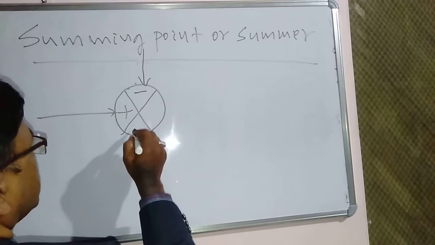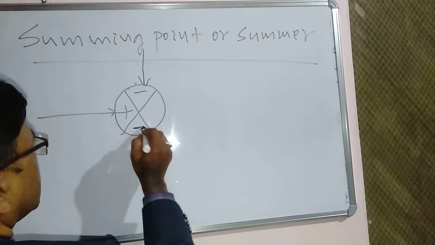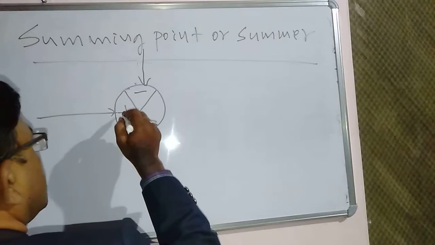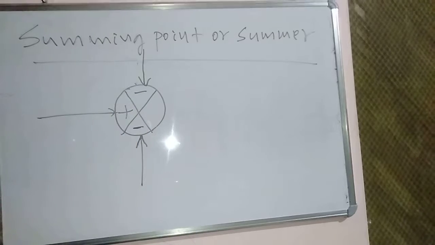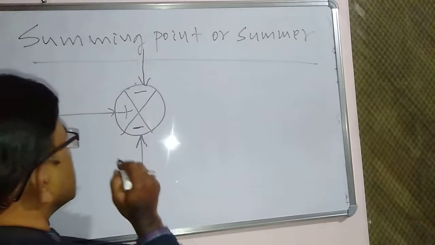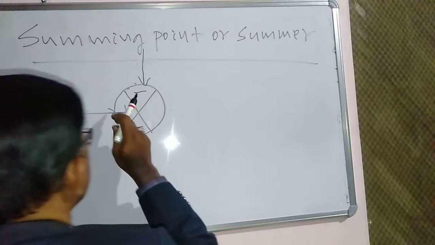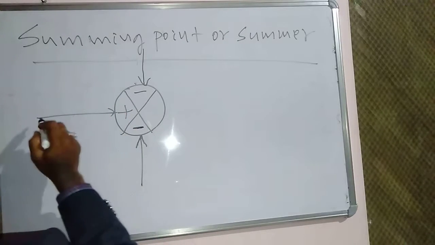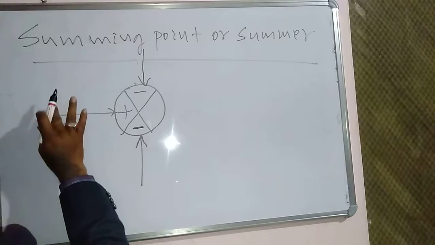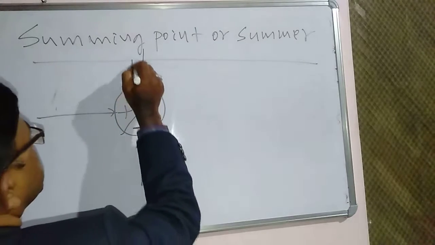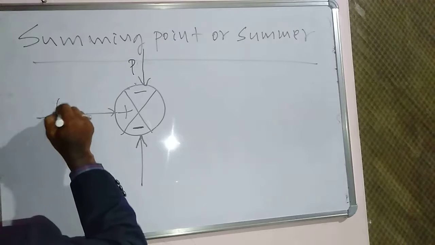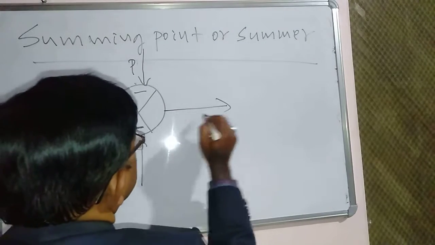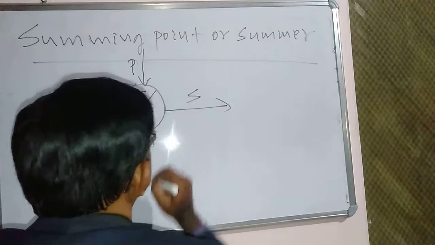So we can take here minus, also we can take here minus. This may be plus, this may be minus, this may be plus. So sign will be changed according to the direction of signal. So let us assume that this is your P, Q, and this is R, and this is the output S.